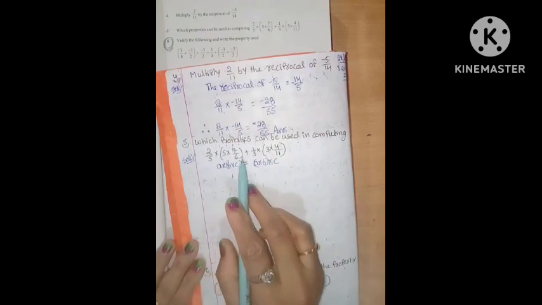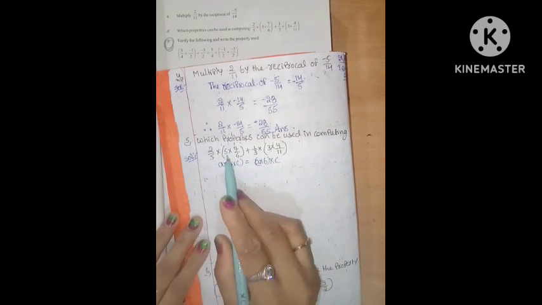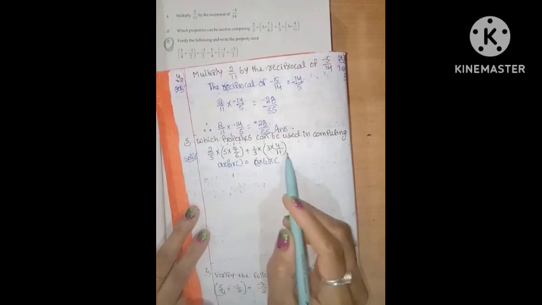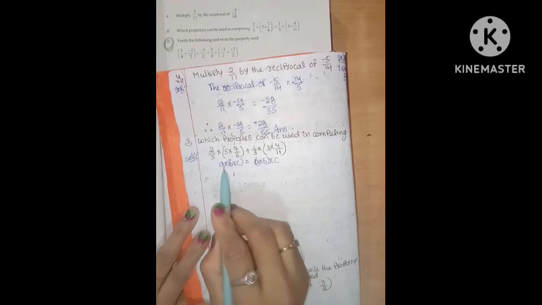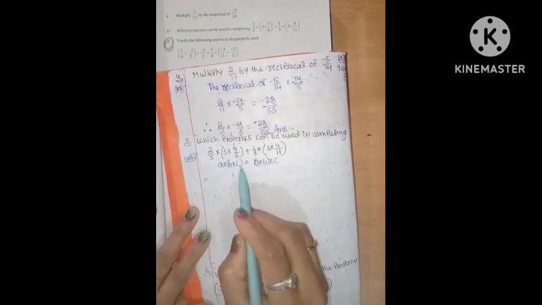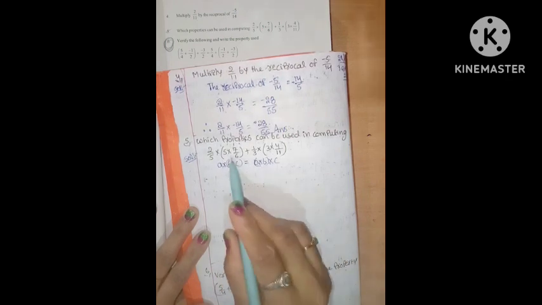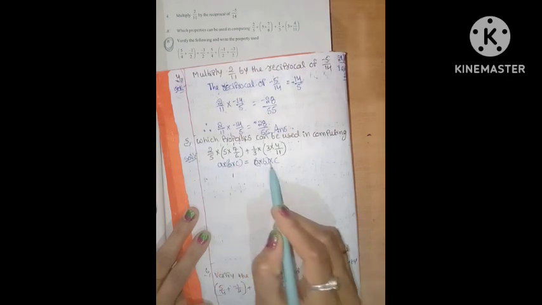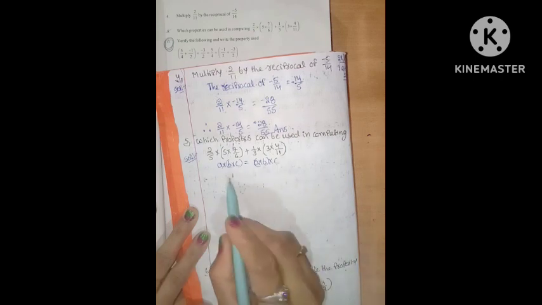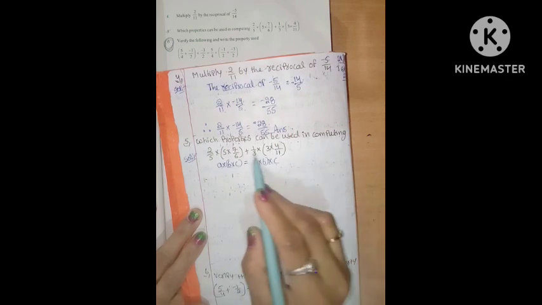What is this property? This is the associative property of multiplication. A is multiplied by these two terms, B cross C, equal to A cross B, the multiplication of the first two terms, into the third term, that is C only. So this is the associative property of multiplication.